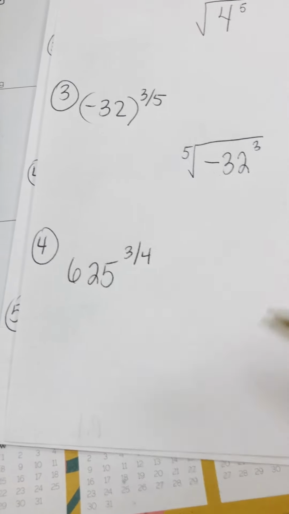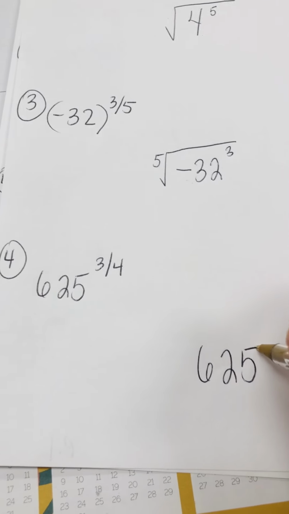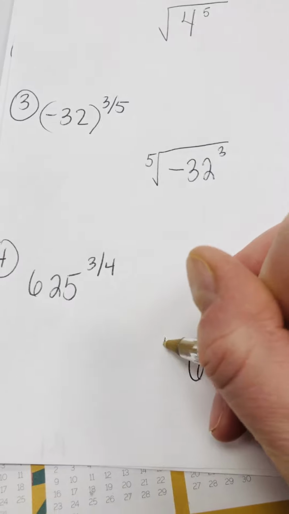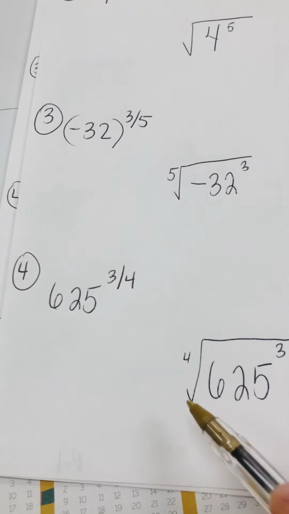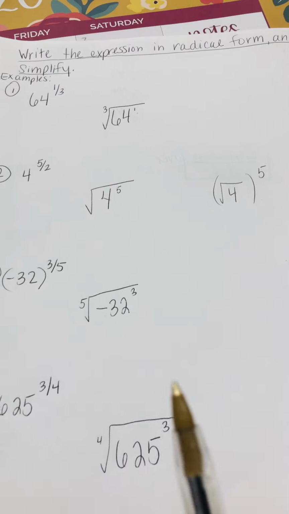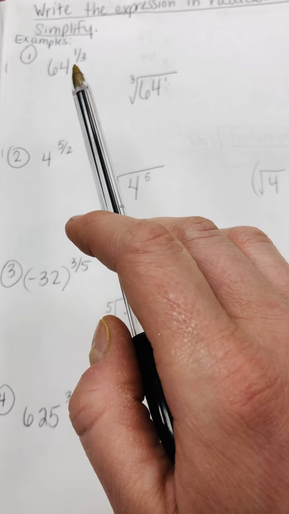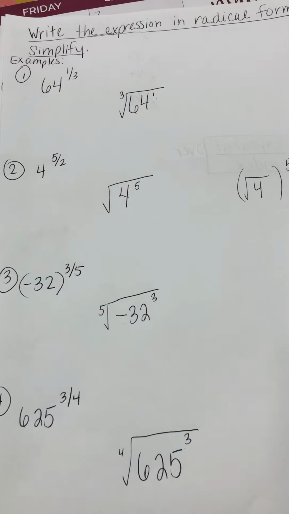Okay? Now, last one here. This is 625, right? And then I have my exponent is 3. My index is 4. Exponent over index. All right, so that's going from rational exponents to radicals.